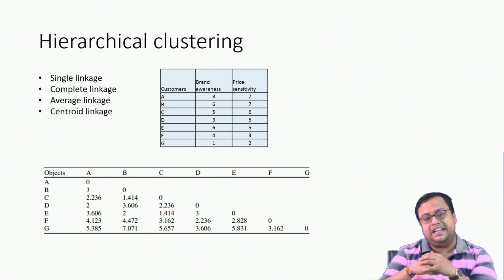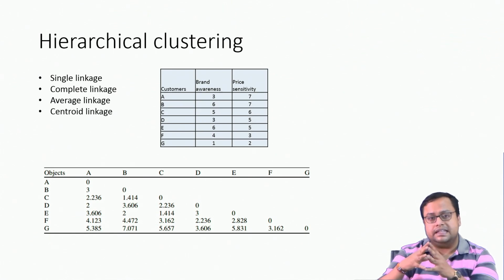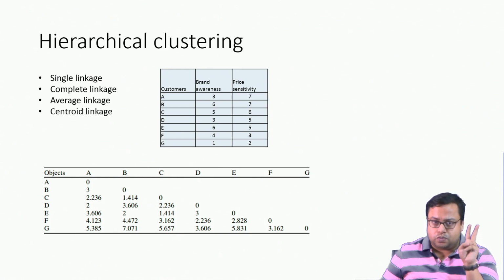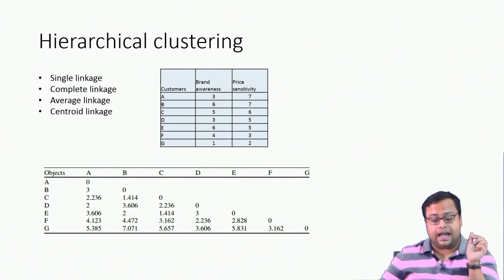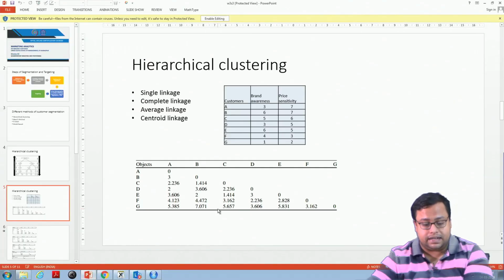Let us say A, B, C, D, E, F, G, in this case I have 7 customers, and I have created 2 major variables, which are brand awareness and price sensitivity, and these are the scores given. I try to find the Euclidean distance between person A and person B. So, what is a Euclidean distance?